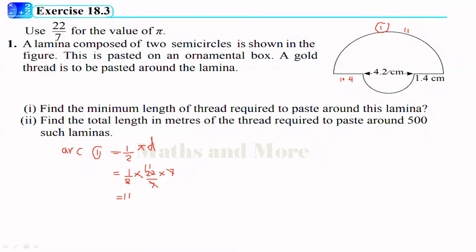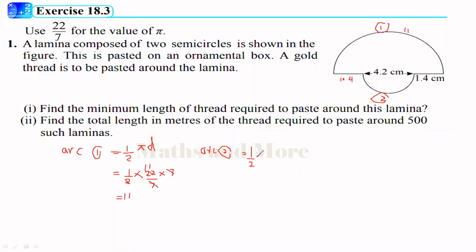The small semicircle diameter is 4.2. Let's name that arc as arc number 2. Half into pi D, since the diameter is given. If the radius is given, half into 2 pi r.